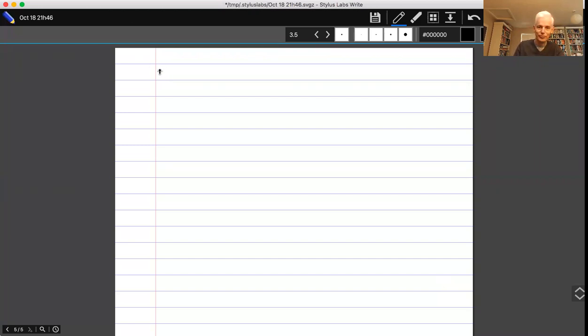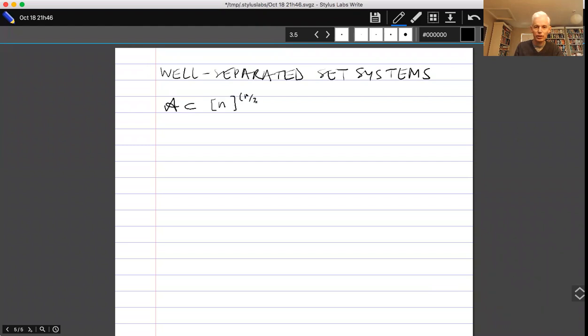So a good title that summarizes what we're talking about is well-separated set systems. And let me be a bit more precise about what we're going to ask for. So I shall take a collection of sets. There'll be subsets of 1 up to n, and they'll all have size n over 2.